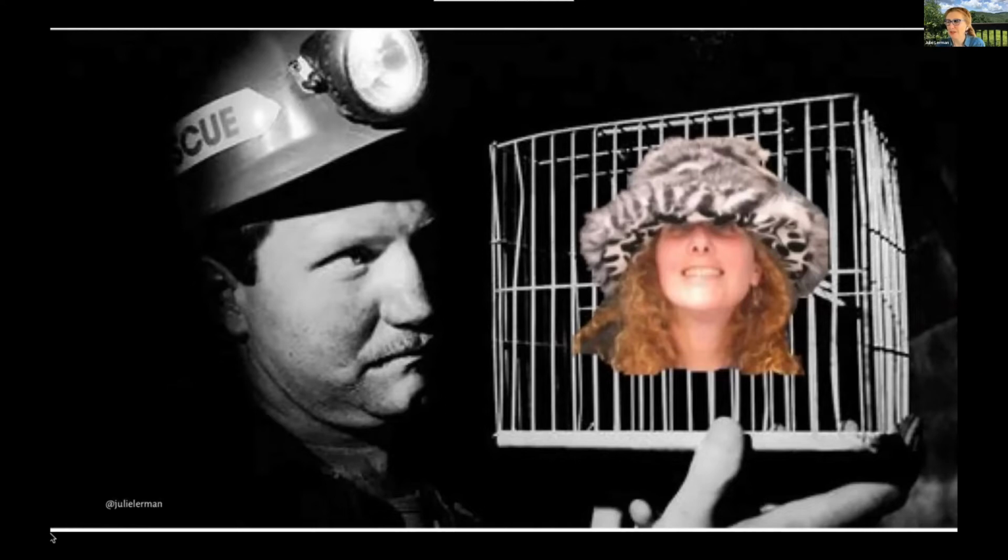And the way they would find out if the air wasn't good is that the canaries would not do very well. The canaries were like, hey, something's wrong here, you better go up and get some clean air. And I always refer to myself as a canary in the coal mine, because I like to try out this new stuff and figure out how to use it, and then make that learning a little easier for others.